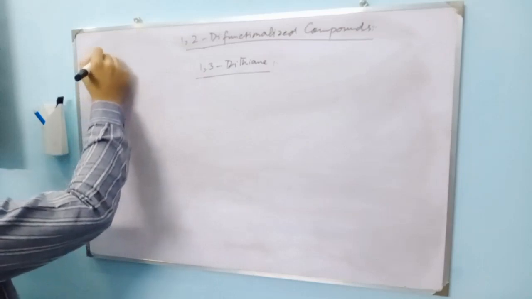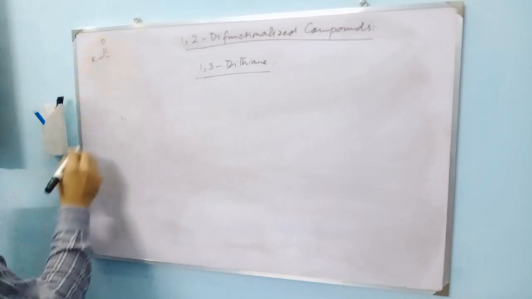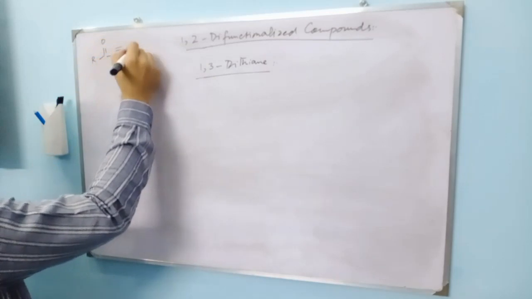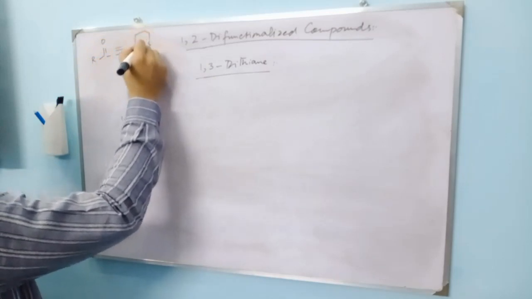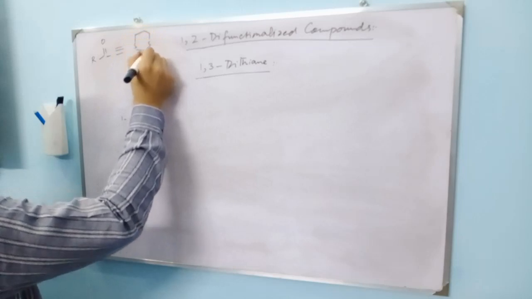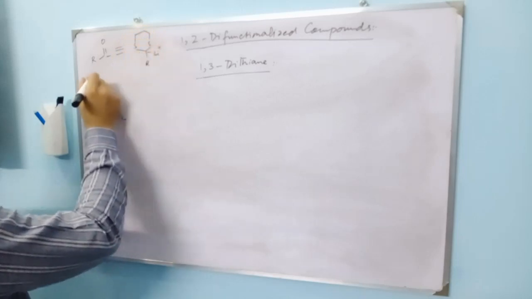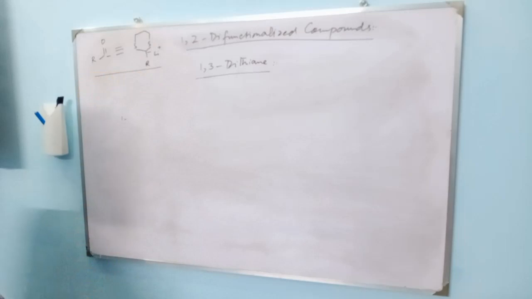First, I write here the acyl anion, and its equivalent is 1,3-dithiane, and it has a lot of applications.